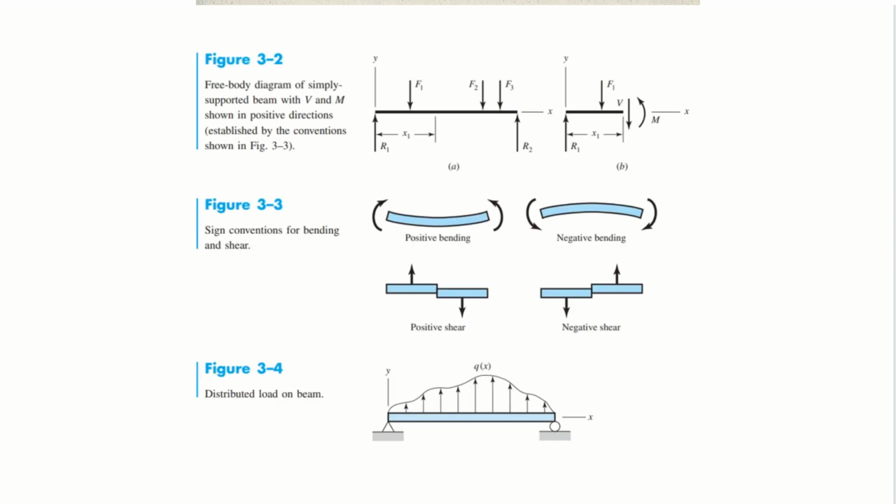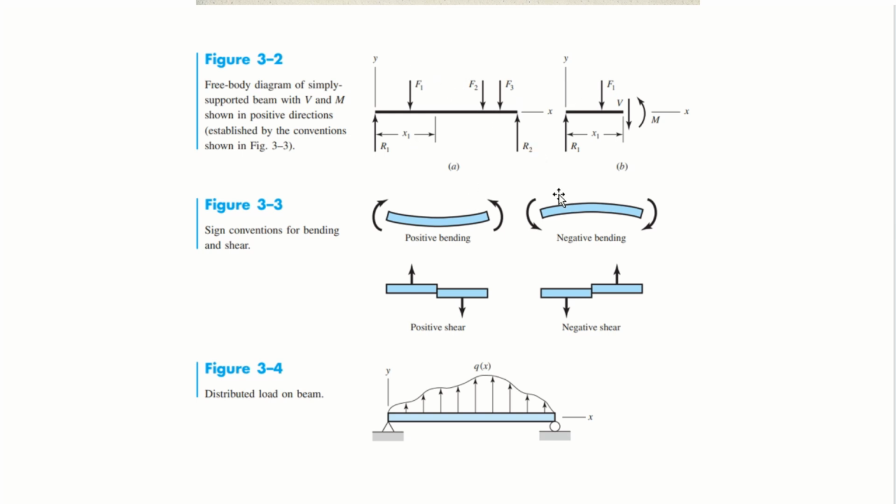This is the picture I'm going to talk about. Just imagine you put a beam, a wooden plank or whatever, and it is supported by two forces, at the extreme left and the extreme right end. This is what we call a simply supported beam. Then you have the bending moment and the shear force.